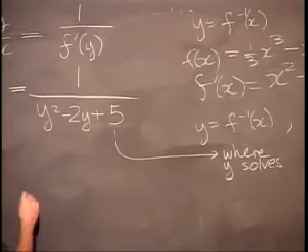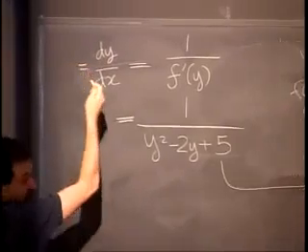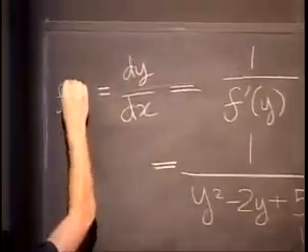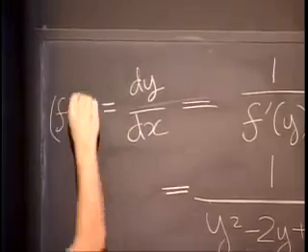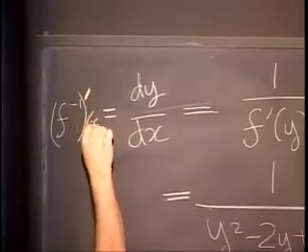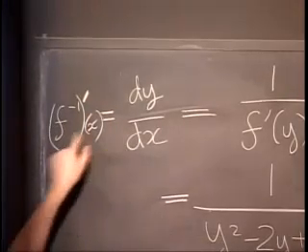So for example, for part B, before we even begin, I want to point out that this is exactly the same thing as the derivative of the inverse function, right? Because y is indeed the inverse function.